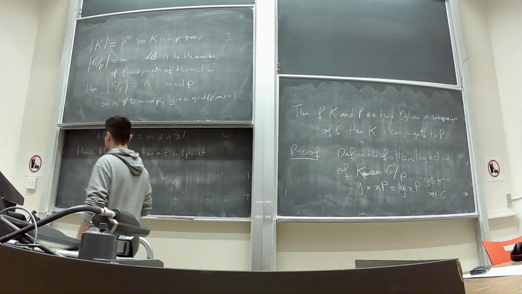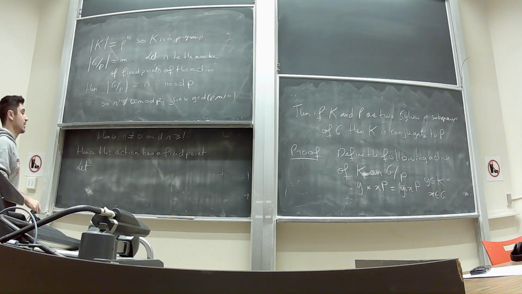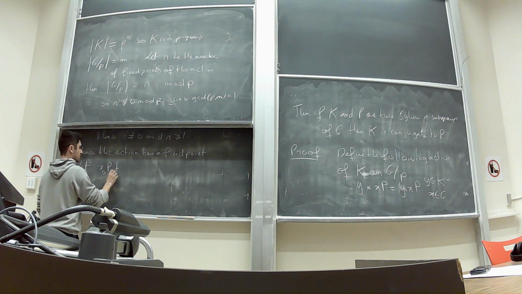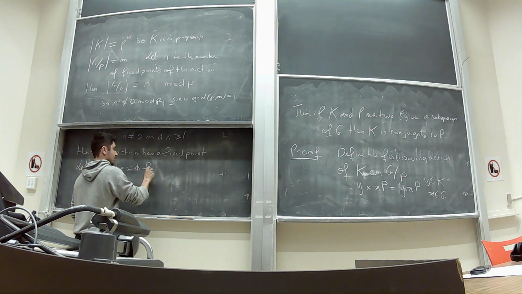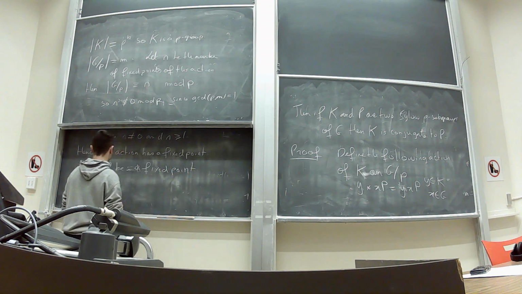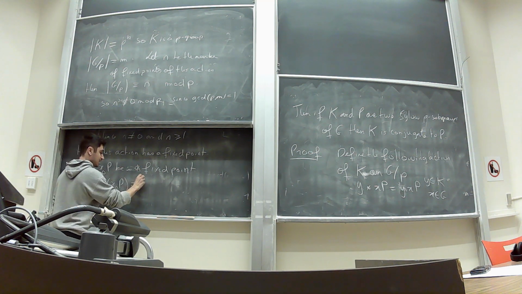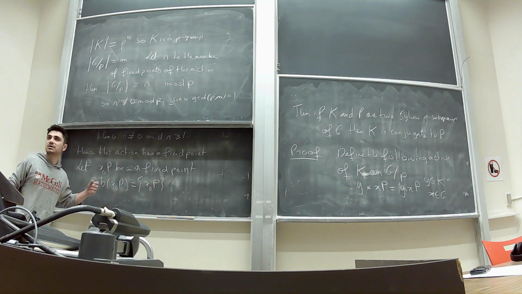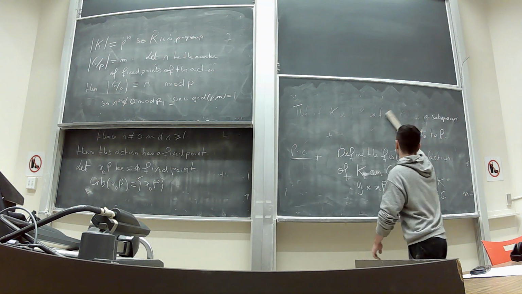Now let x0 be a fixed point. If I have a fixed point, it means that the orbit of x0 is equal to x0. This is what a fixed point means: its orbit is itself.